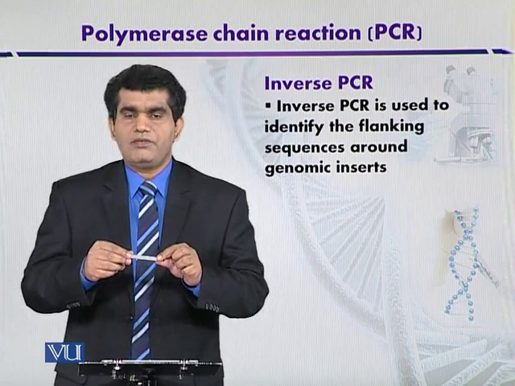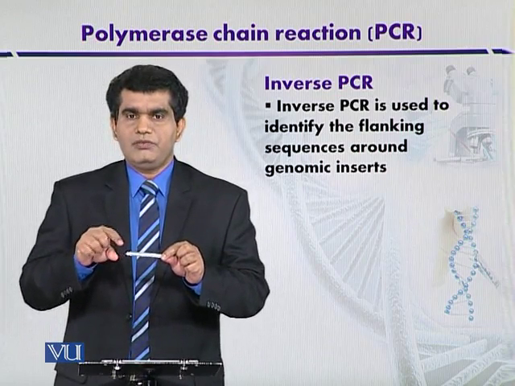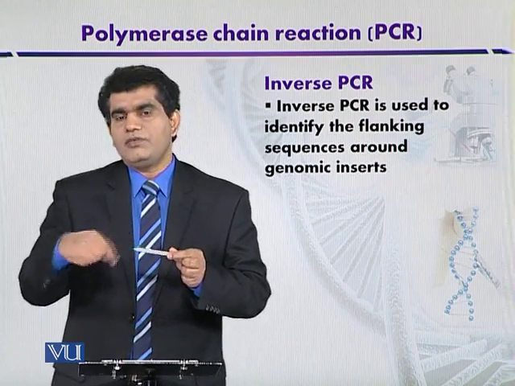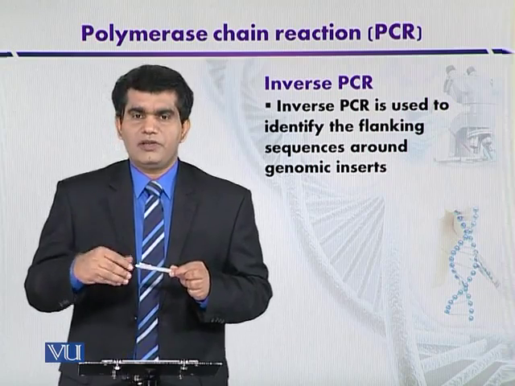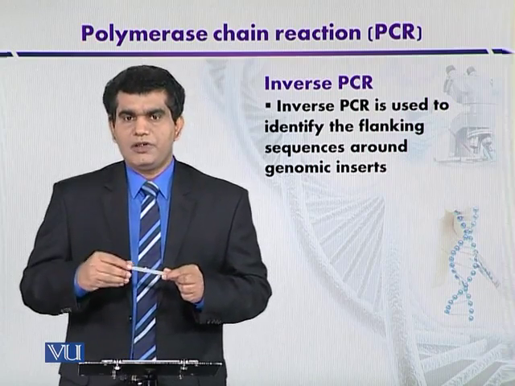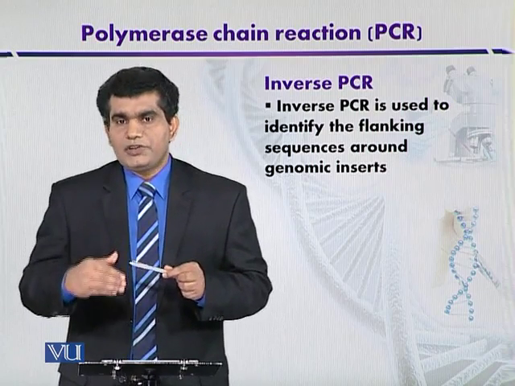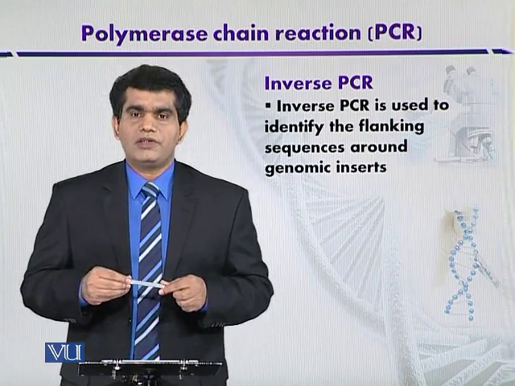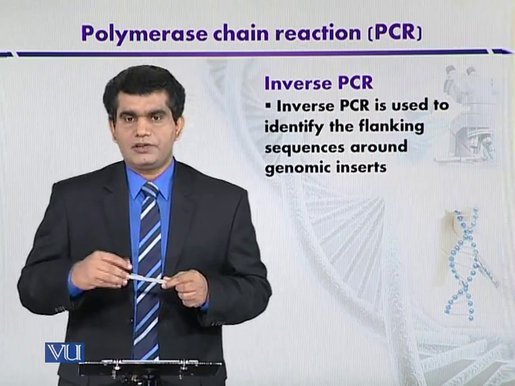Because we don't have a primer that can bind with the 3' or 5' end of the restriction fragment. How can we amplify this fragment? It can be possible by using a variation of PCR which is called inverse PCR.